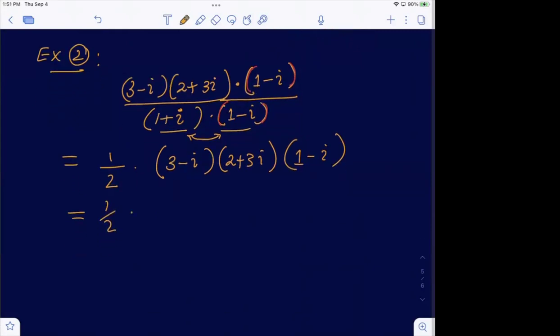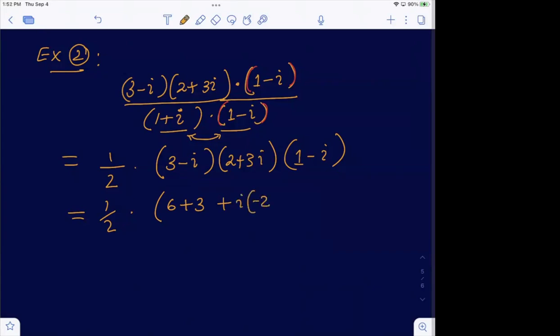Now simplify. Of course, the rule of simplifying anything, you cannot simplify all 3 of them together. So do 2 at the beginning, and then whatever the resultant that you're going to get, multiply it by the last number. So when you do this, what do you get? First of all, 6, and then minus makes it plus 6 plus 3, and then the imaginary components right here, -2.